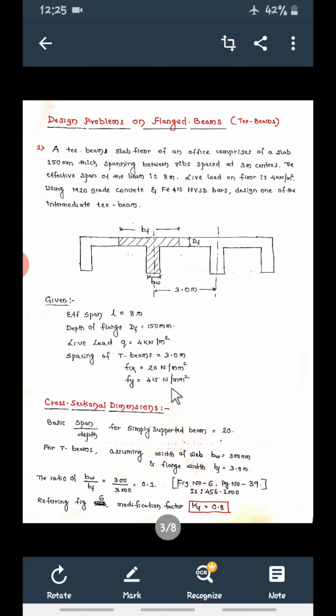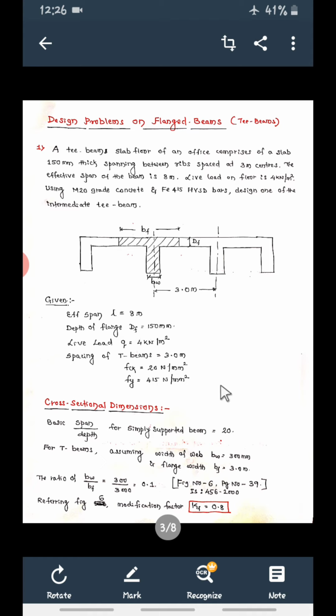Now as usual, the first step is to find the cross sectional dimensions, that is width of beam bw, effective depth small d, and overall depth capital D. As usual, we are going to take the effective span by effective depth ratio.